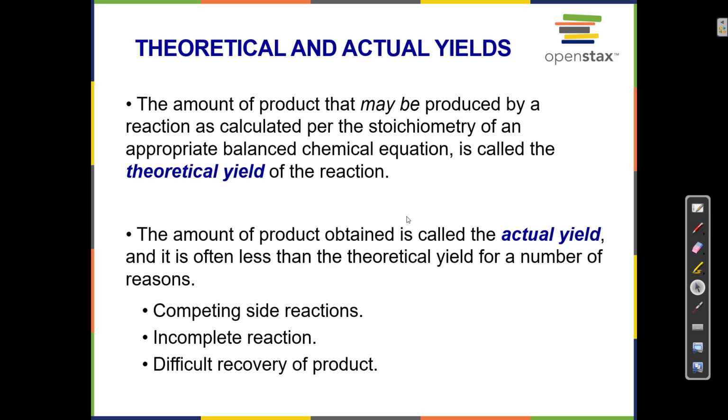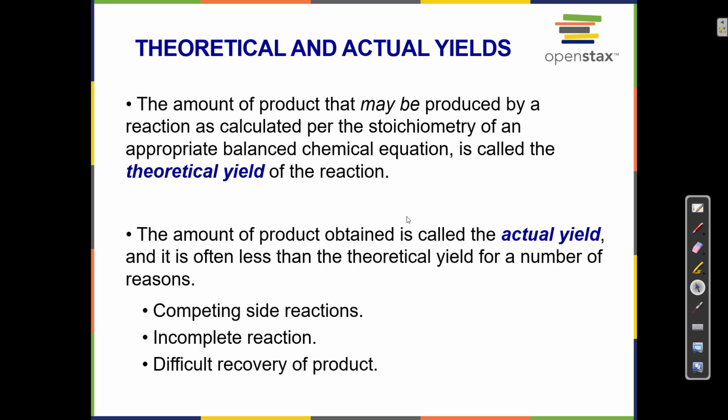So the total amount of product that you can produce in a reaction before you run out of something is called the theoretical yield. But sometimes, in fact usually when you perform a reaction, the amount of product that you get is actually less than the theoretical yield. There are a number of reasons for this.